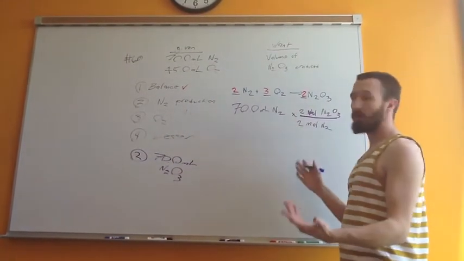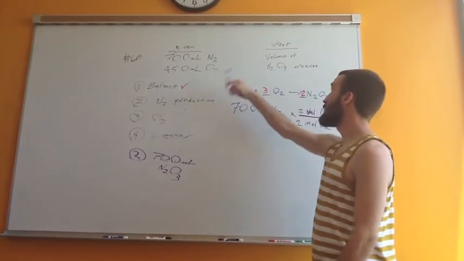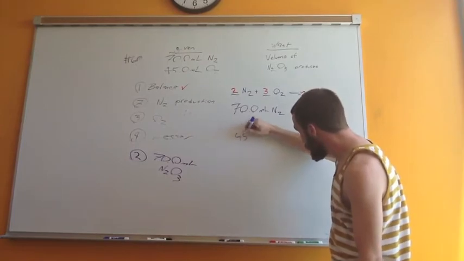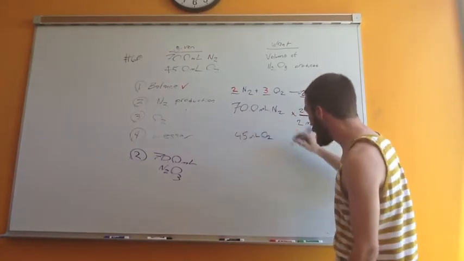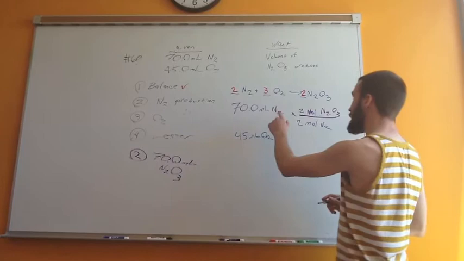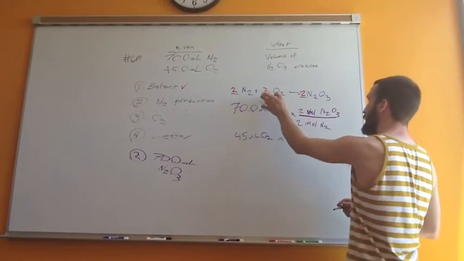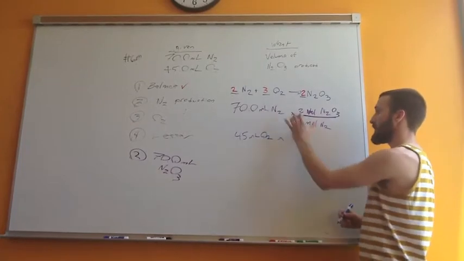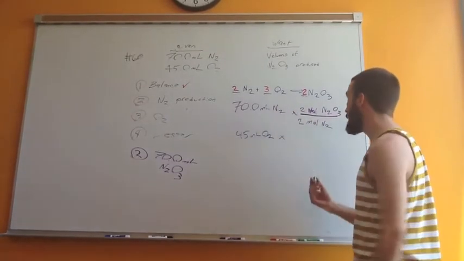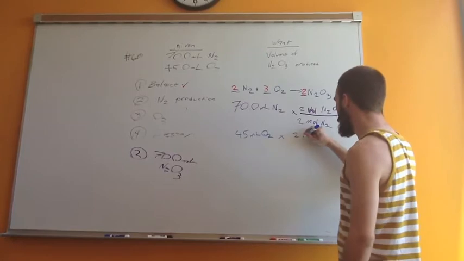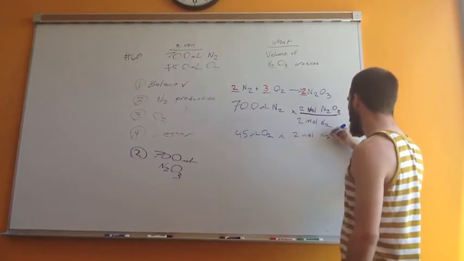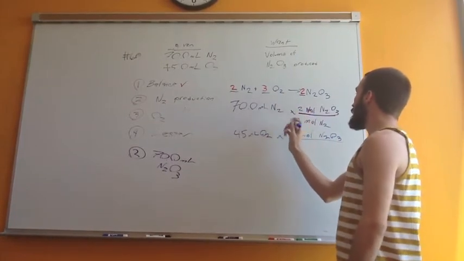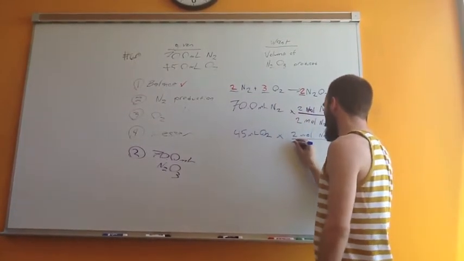We use the same process as last time, so we were given 45 milliliters of oxygen gas. And then we multiply that by 2 over 3, still keeping the units similar and making sure that the stuff crosses out. So 2 moles of N2O3 over 3 moles of oxygen gas.